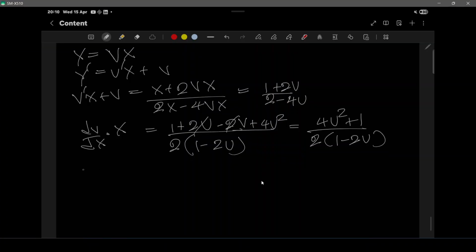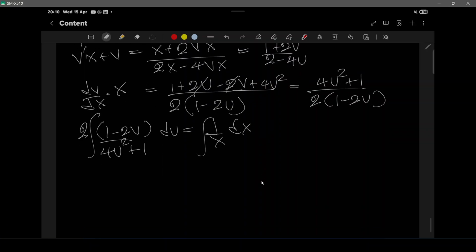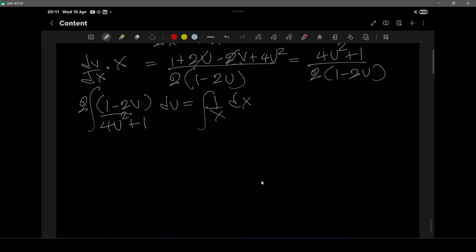So that's a constant here, 1 minus 2v over 4v squared plus 1 dv is equal to 1 over x dx. So we have to integrate both sides. Now let's look at the integration of our left side. It is just fine, it is easy.